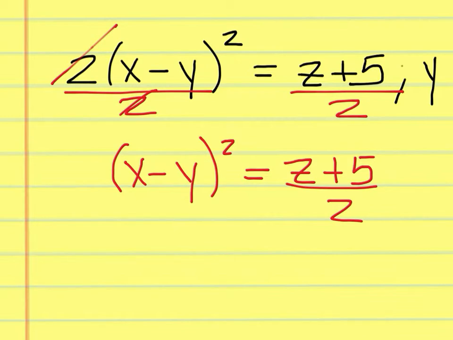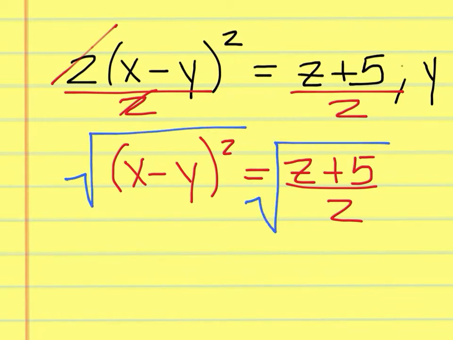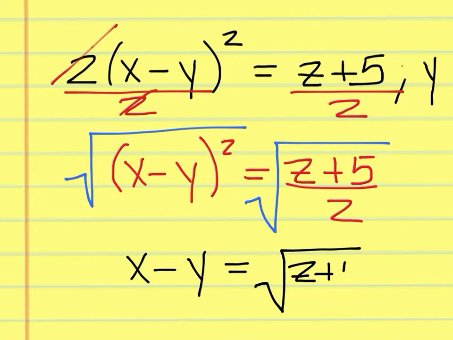We can find the square root of both sides. Notice how the square root symbol is tall enough to cover z plus 5 over 2, top to bottom. You don't just put it on the numerator. On the left, you're left with x minus y. On the right, you have the square root of z plus 5 over 2.